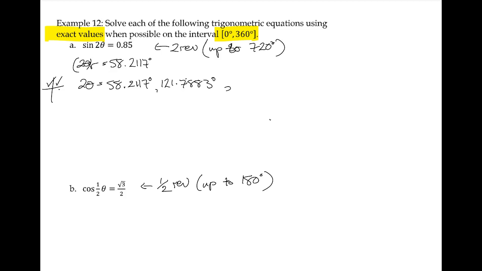And then I would go to the second revolution, adding another 360 to this and adding 360 to that. So I would get these as my values for my second revolution.